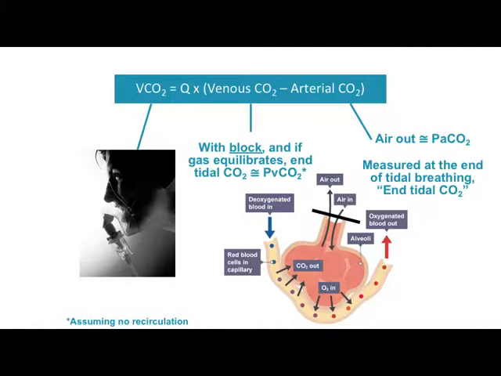The CO2 in the lungs matches the CO2 in the veins. If there's no gradient, there's no movement, and if we can measure at that point the CO2 contents of the air in the lungs, then we can approximate the CO2 content in the veins.